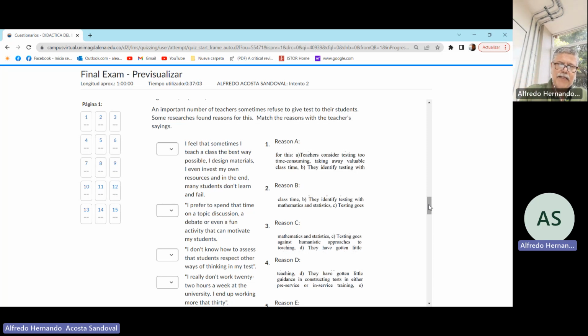I don't need a test. I know whether my students are speaking or not, whether they have the competence or not. But there are also other reasons for not doing that. So if you feel that at a certain point you wouldn't like to give tests to students, you're not alone.